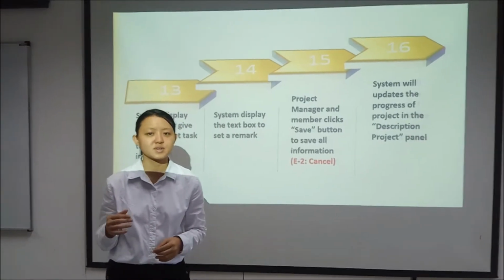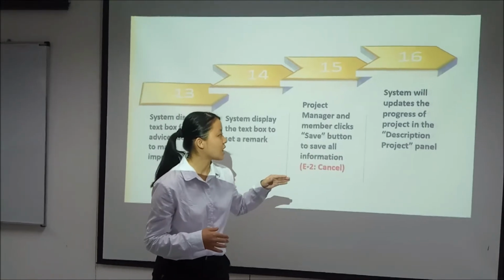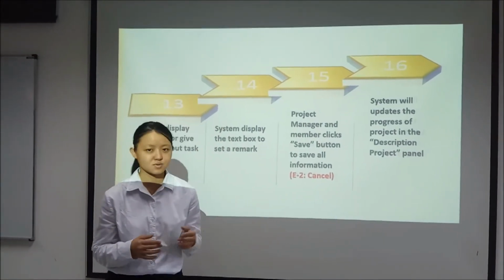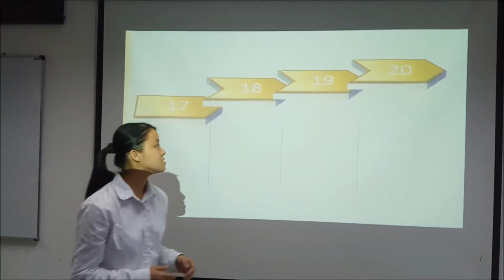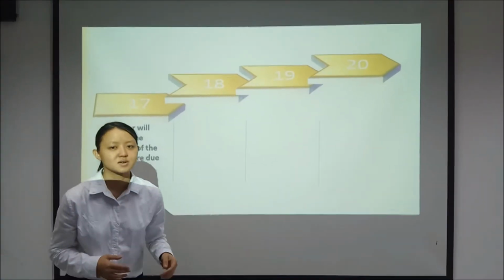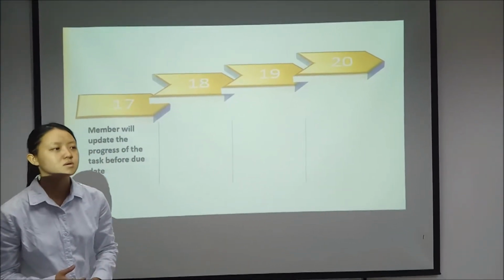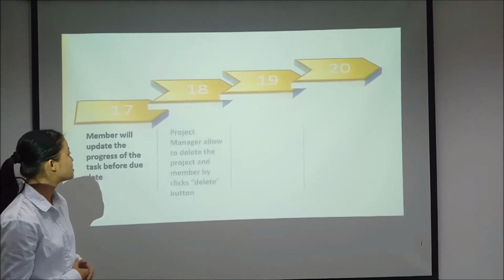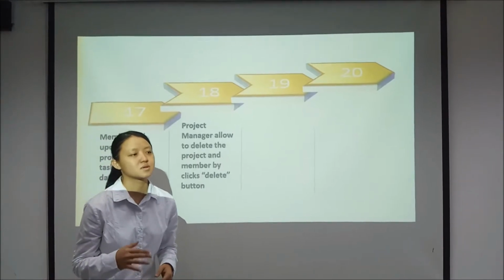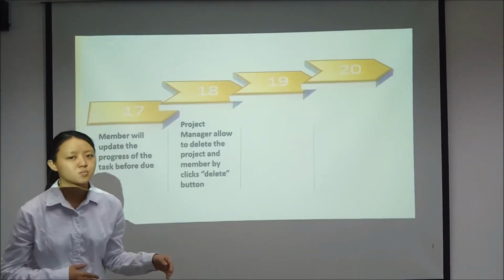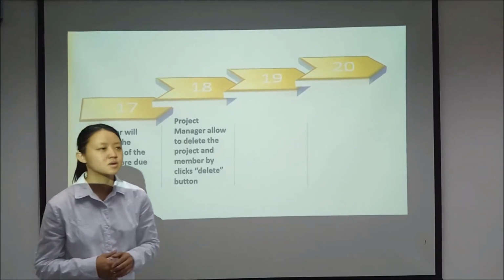After project manager and member click the save button, the system will automatically update the progress of the project in the description project panel. Next one will update the progress in the system that has done. Next is after in the last project manager can delete the project and members by hit the delete button.